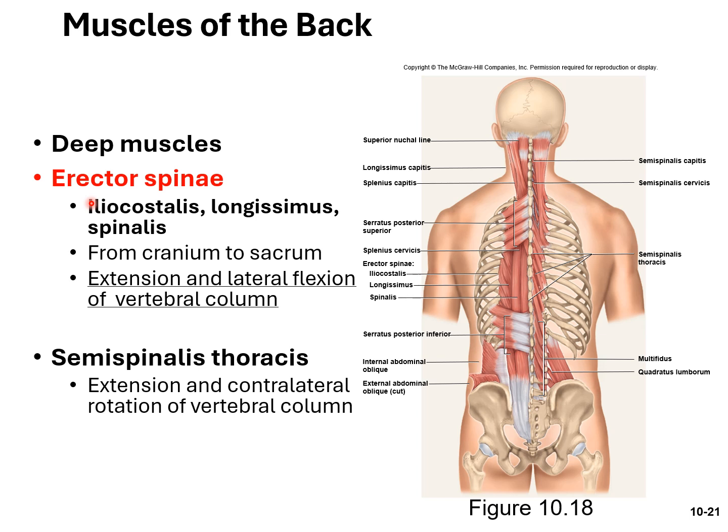These muscles run parallel to the spine, so if you're going to stand up straight, you're going to be using the erector spinae muscles, because it's the spine that's going to become erect.